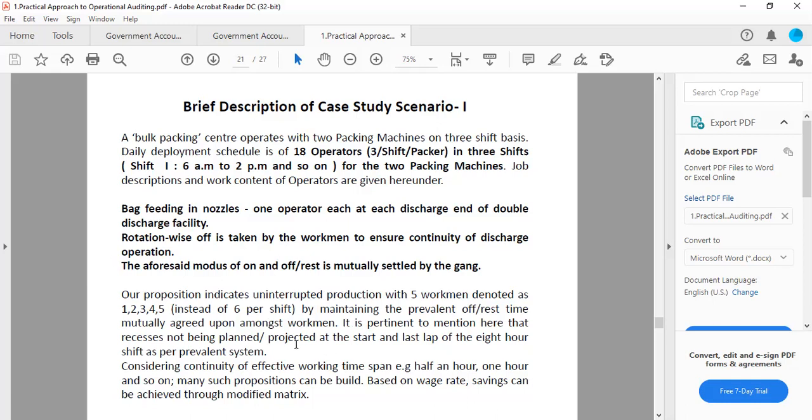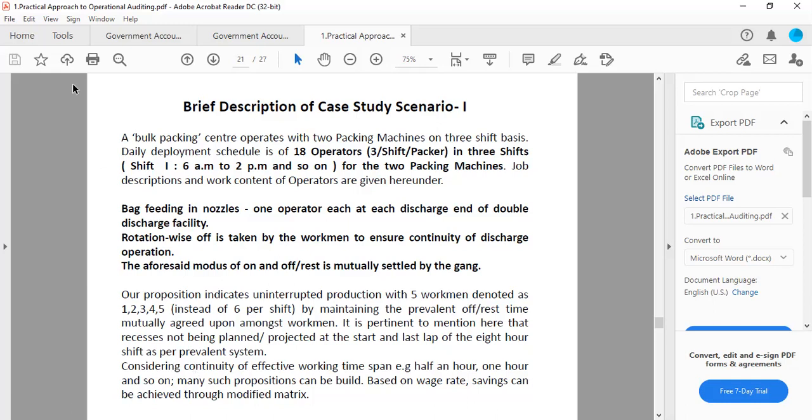Considering continuity of effective working time span, for example half an hour, 1 hour, and so on, many such propositions can be built. Based on wage rate, savings can be achieved through a modified matrix. Take note that there are already shorter hours consumed by the employees, yet they can rest.